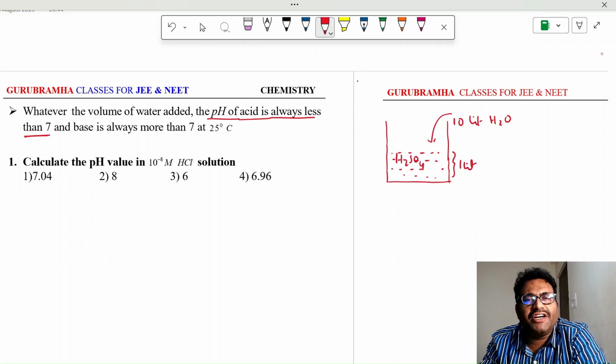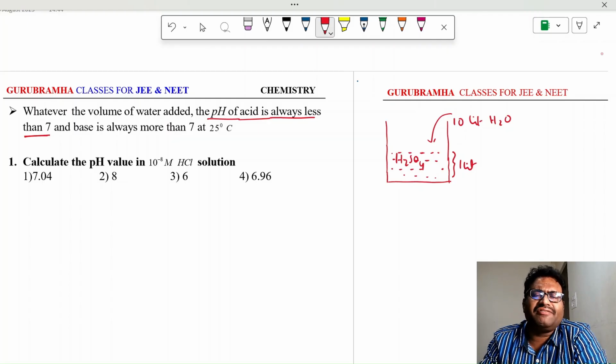Can it be converted into a base? Will its pH become equal to 7? Will its pH become greater than 7? No. Its pH will always be less than 7, compulsorily less than 7.